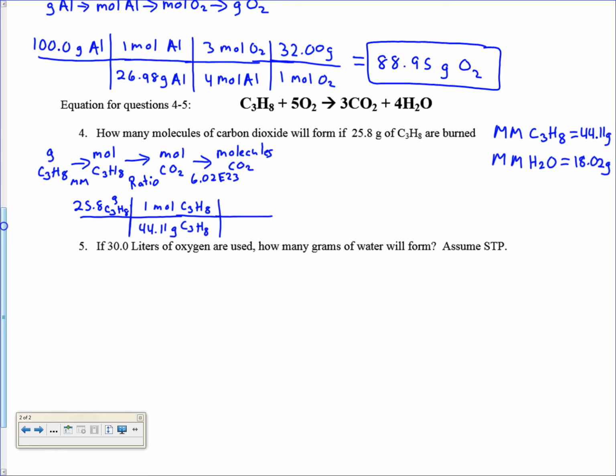And then looking at the balanced chemical equation to get the ratio, you see that there is 1 mole of C3H8 for every 3 moles of carbon dioxide. Now we need to get it to molecules, so as I said there, for every 1 mole of CO2, we have 6.02 times 10 to the 23rd molecule CO2.